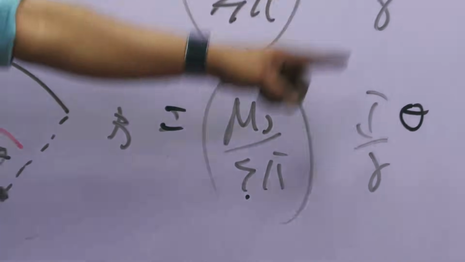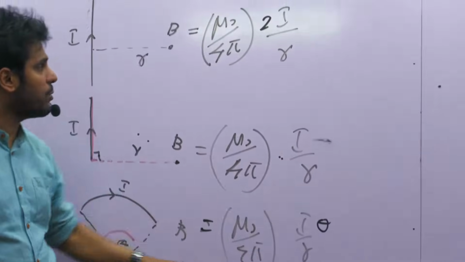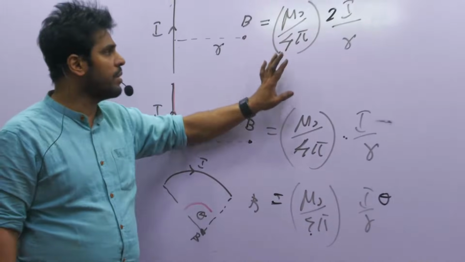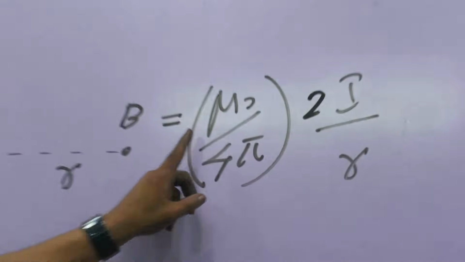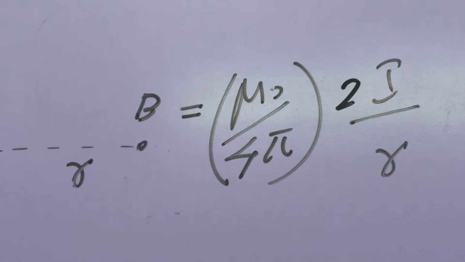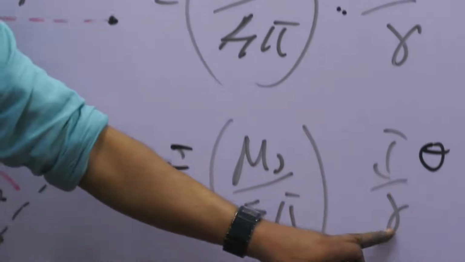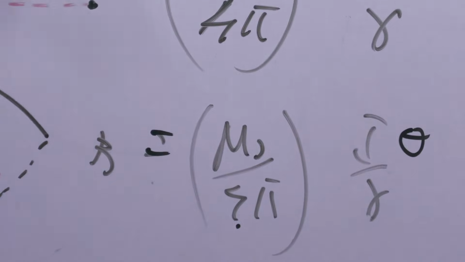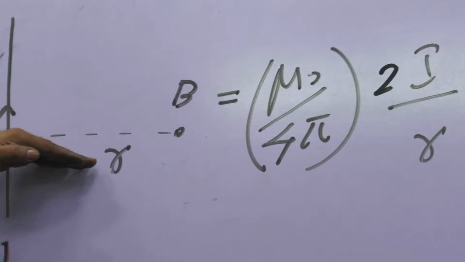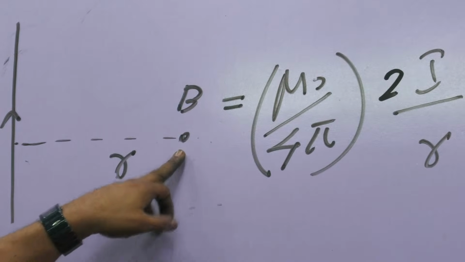Now here I am going to explain these three equations again. Always it has mu naught divided by 4 pi, I divided by R, in all three. When the current exists both sides from the necessary point, you have to multiply by 2.